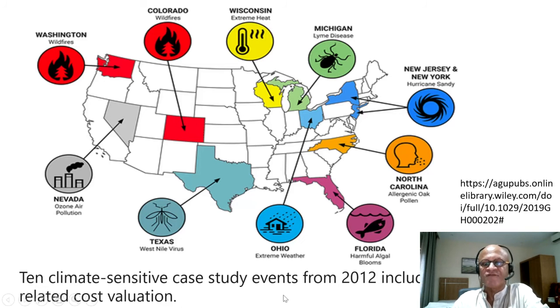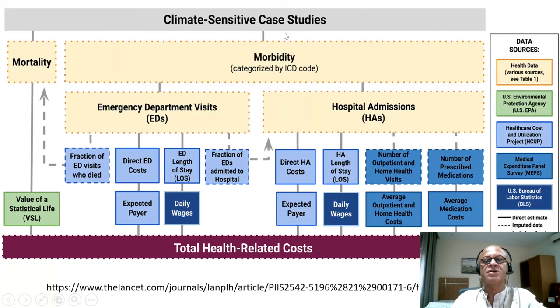Okay, so this is for 2012, so it's the past, it's not a projection, but this study looked at the various regions of the US with various climate events and looked at climate sensitivity of various health outcomes like mortality, morbidity, emergency department visits, hospital admissions, and so on and so forth, including the cost that falls on the individual, or how the healthcare system takes care of it, how daily wages are impacted, and so on and so forth.